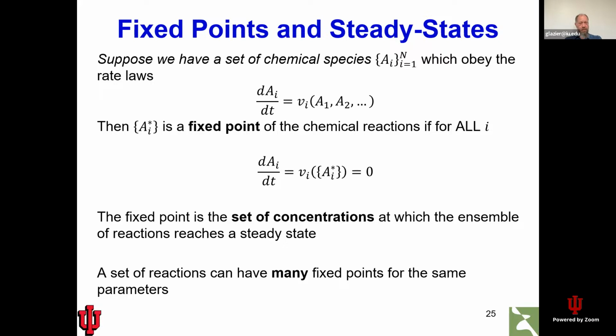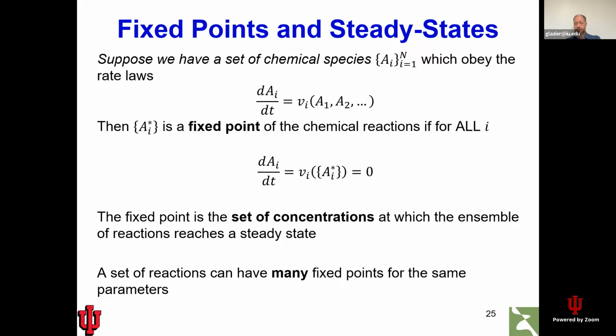In a sense, that's what we mean when we're talking about differentiation. And so the study of what the possible steady states or fixed points are for a given set of parameters is rather elaborate. That's really a big part of what the mathematics of dynamical systems is about.